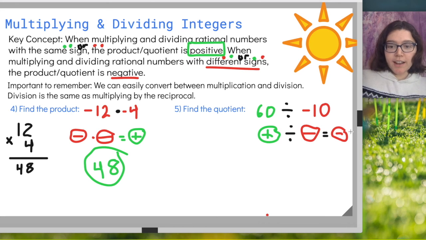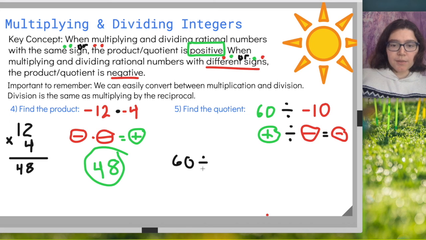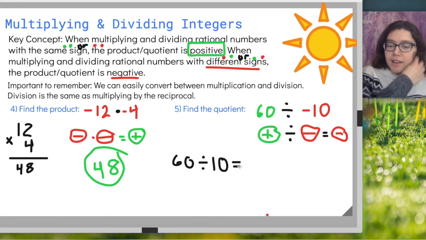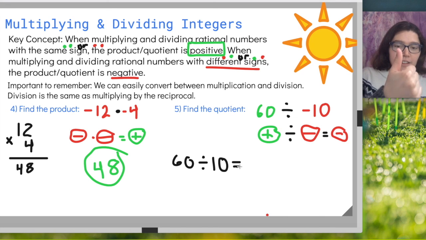Once I've figured that out, I just need to do 60 divided by 10. 60 divided by 10 is something we should have memorized because it's related to a multiplication fact. So it's saying, if I take 60, I divide it into 10 equal parts. What is the size of the equal parts? Or in other words, I think how a lot of you tend to do it is if we're counting multiples, we have 10, 20, 30, 40, 50, 60.